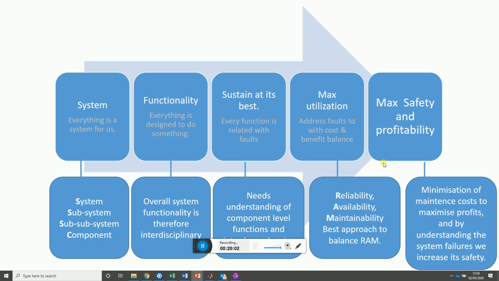Okay. So I want to achieve maximum safety and maximum profitability from my system. And one way to do this is by paying attention to how I can maintain it well. Right?